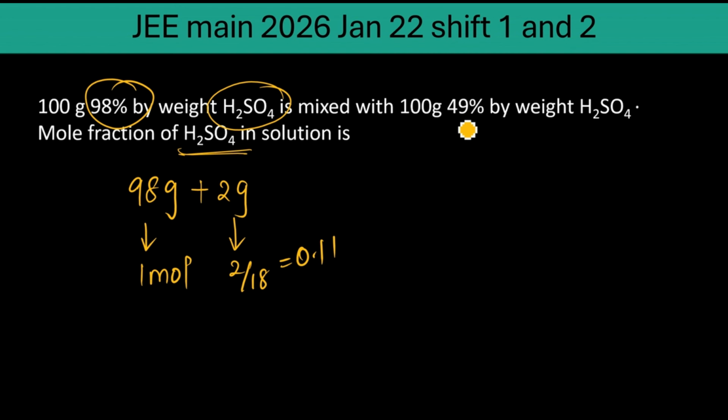0.11. The second solution, if I take 49, so how many moles? That would be 49 divided by 98, 0.5 mole, plus water which is 51 by 18, that is 2.8. Now we have to calculate the total moles.